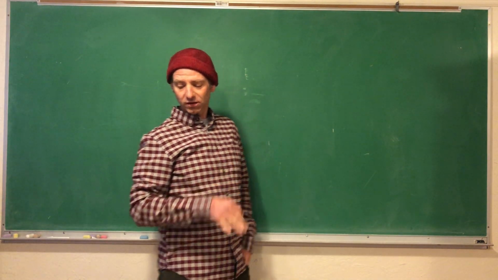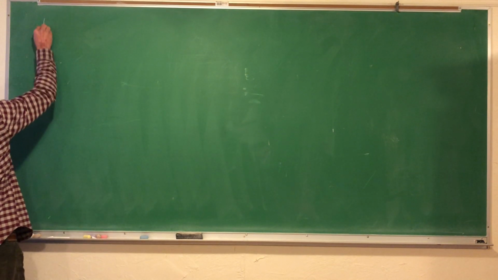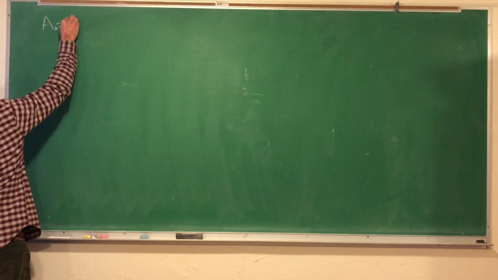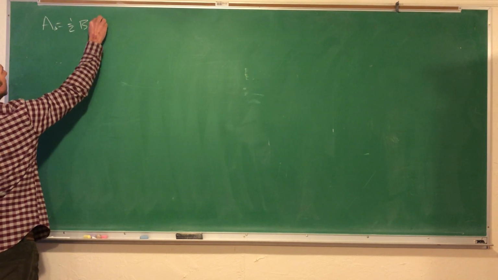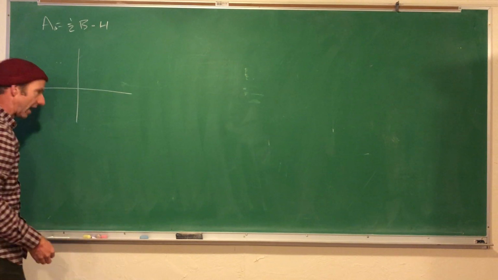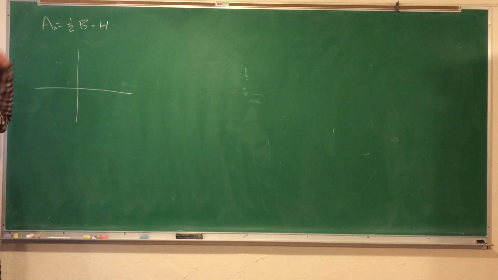Okay, so let's start with the area of a triangle. So we know from life, the area of a triangle is 1/2 base times height. We know this, right? That's not a big deal.